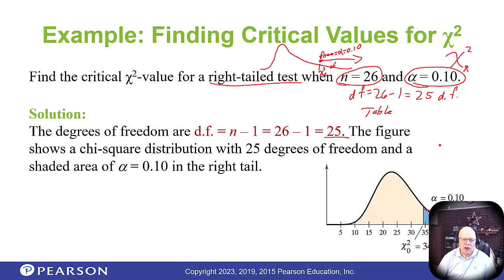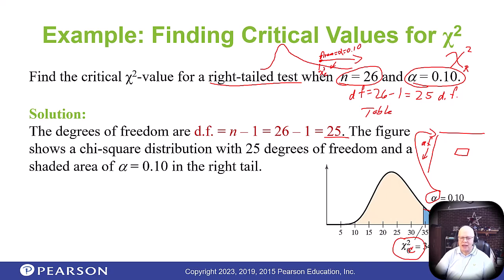And so you're going to look in your table, and you're going to find the alpha value up here and degrees of freedom down this way, and at the intersection you'll find your chi-squared critical value.